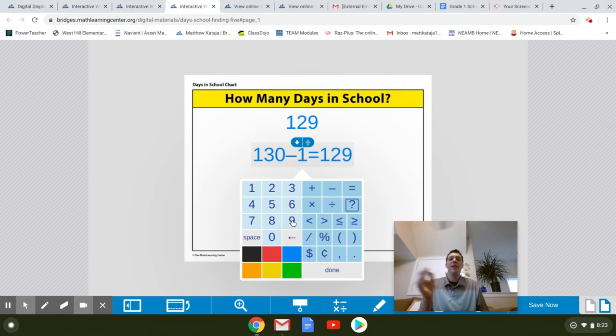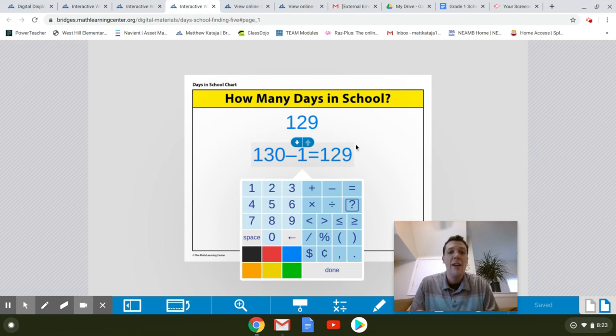So being able to take away 1 and add 1, especially when we get close to the tens changing, is a skill that they always ask you to do. So you need to know what's 1 more than 129, what's 1 less than 130. These types of questions will be tested. You'll be tested on that. So that's why I like to do those types of things.